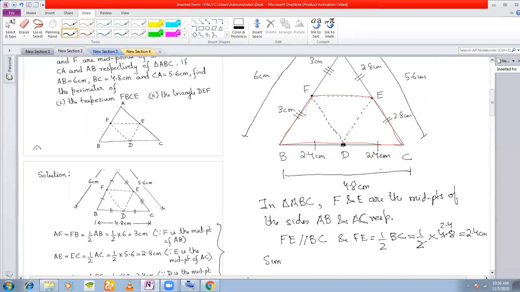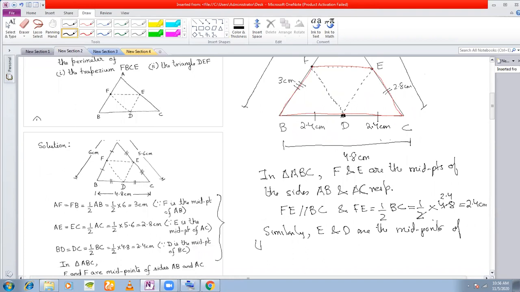Similarly, if you see E and D are midpoints of the sides AC and BC respectively, what can you conclude?